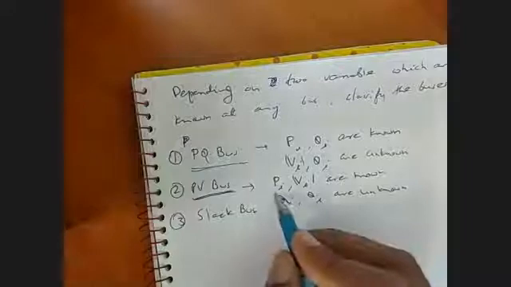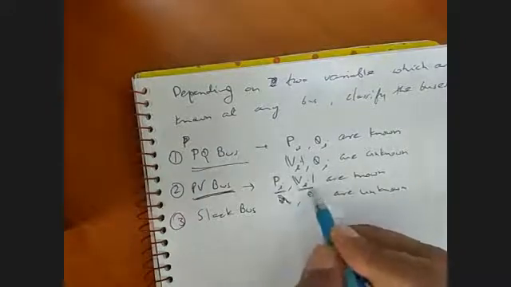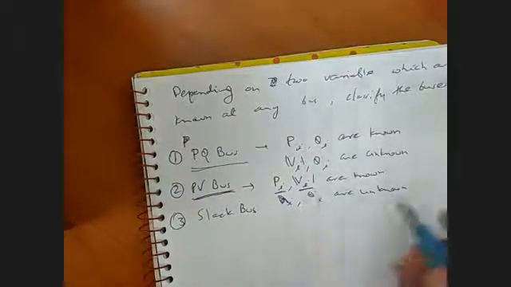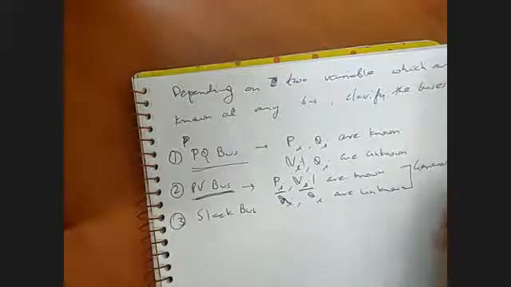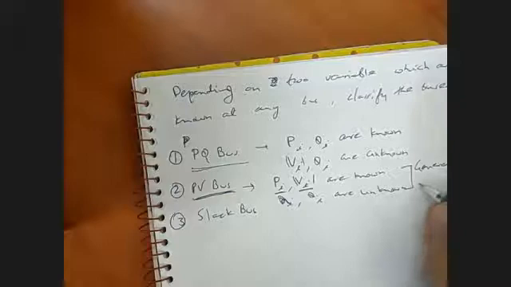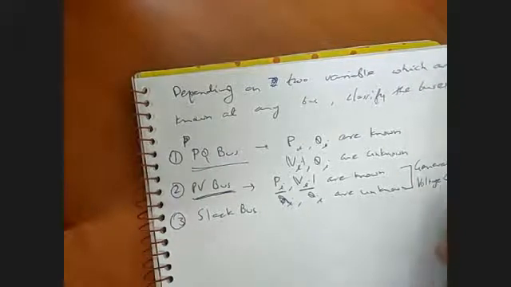So active power and magnitude of voltage are known. So they are also known as generator bus or voltage controlled bus, because the voltage of that bus is fixed and known.